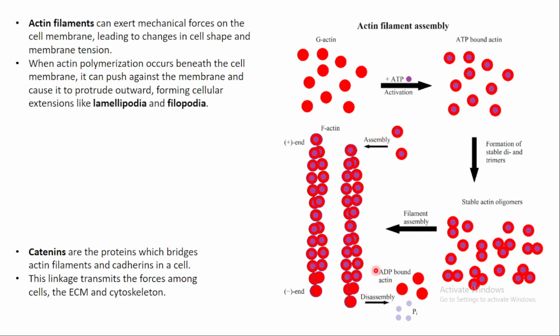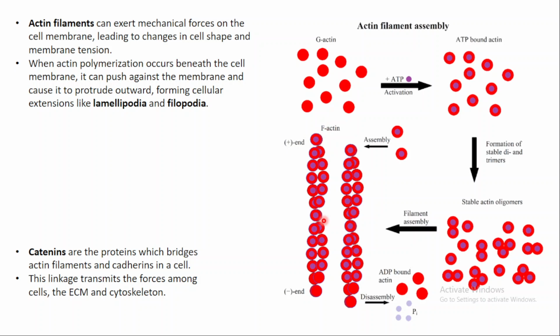And when ADP is bound to actin, then disassembly is mediated. So this is how a subunit of G actin bound to ATP gets activated, and then ATP bound actin forms a filamentous structure called F actin. And this is how a microfilament can form.